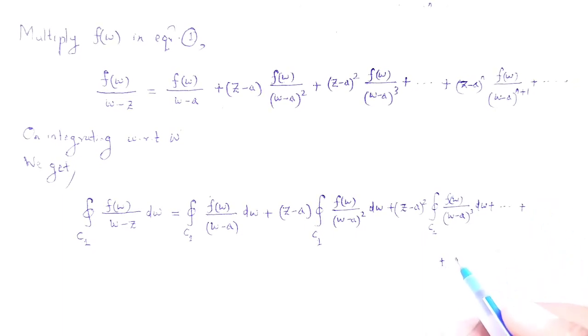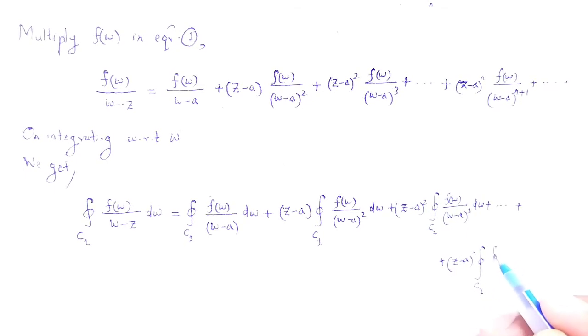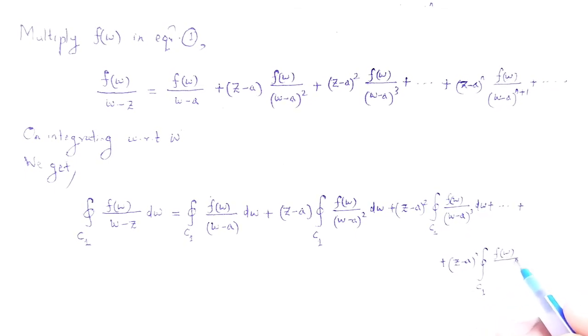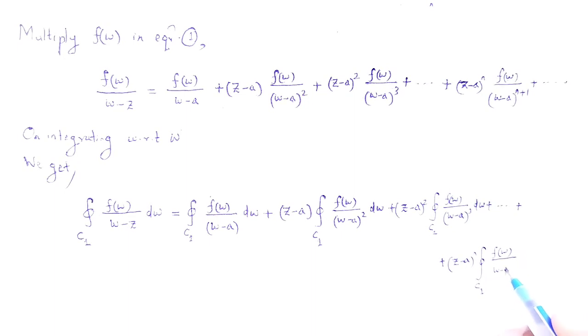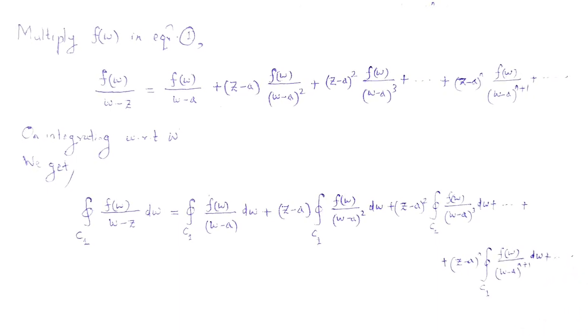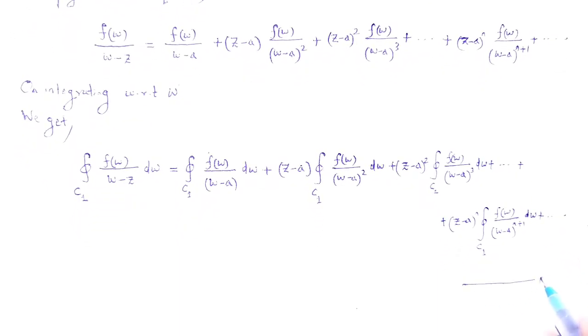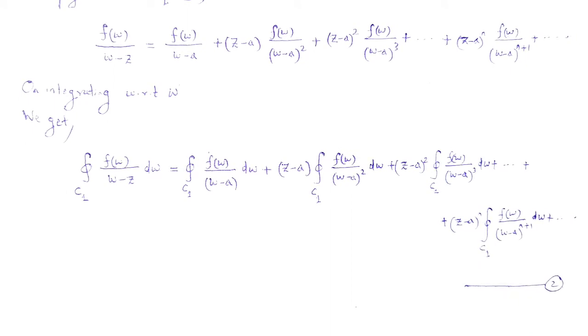As nth term, we write (z − a)^n closed curve integration over C1 of f(w)/(w − a)^(n+1) dw plus ... That is equation number 2.